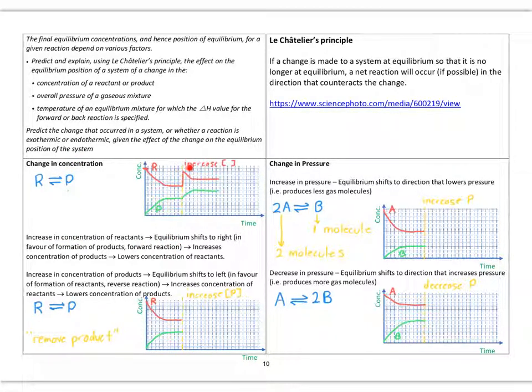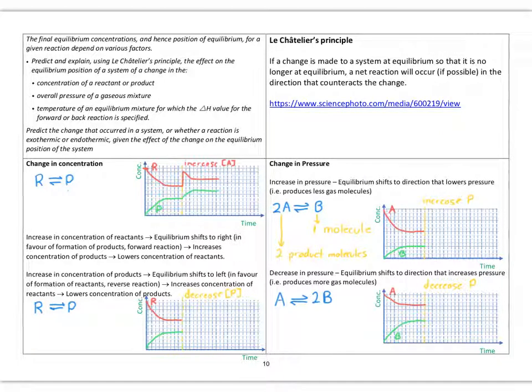So the products come down to this line, will start to increase. As they increase, the amount of reactants will decrease. That's counteracting the change of an increase. Therefore, we lower the concentration of reactants.